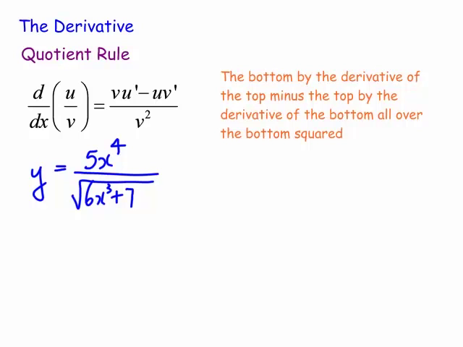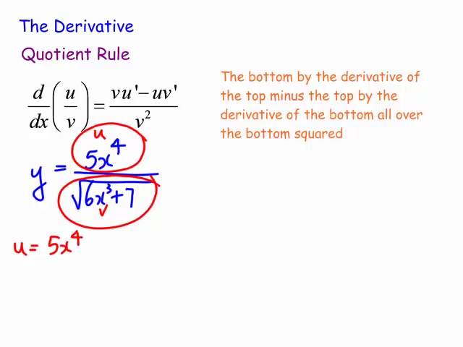Now, what a lot of people do is they go ahead and circle this one and call it u, and then they circle this one and call it v. Then they go down to the side and say, u is equal to 5x to the power 4. Then u dash, the derivative of u, is 5 4s are 20, x, drop its power, cubed.